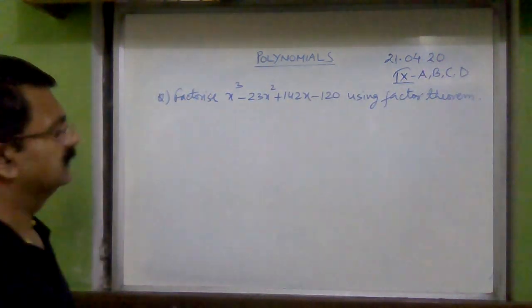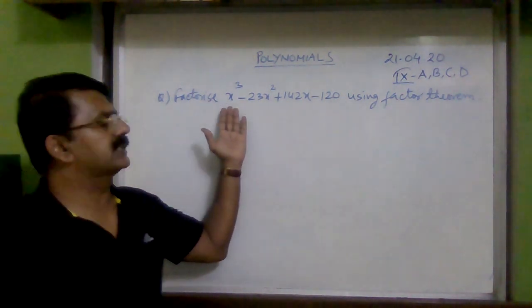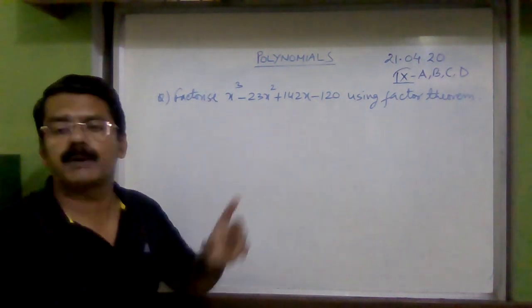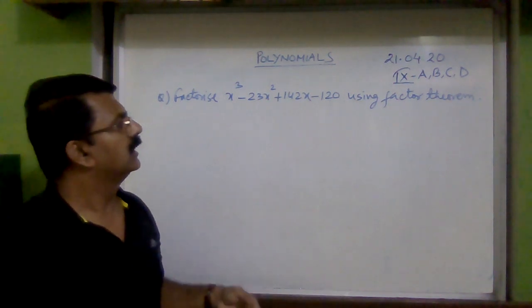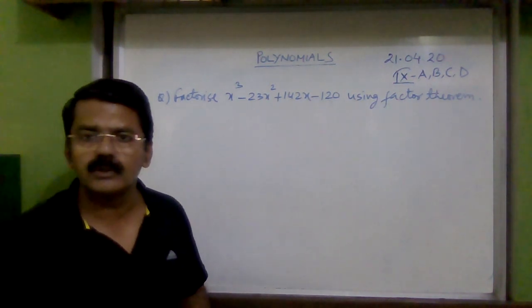Now you see, as it's a cubic expression, means the highest power of the variable is 3, so we cannot factorize this expression by splitting the middle term also.